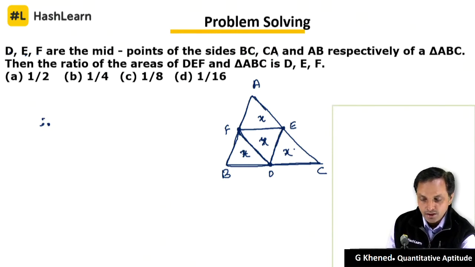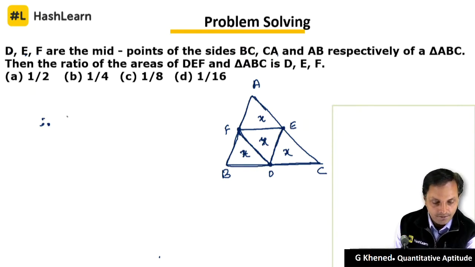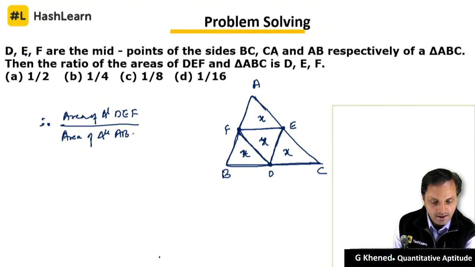And also by looking at the graphical area, we may feel that they are of the same area, and that is true. What is the ratio of the area of triangle DEF to the area of triangle ABC?